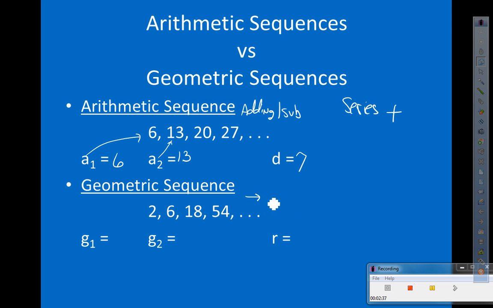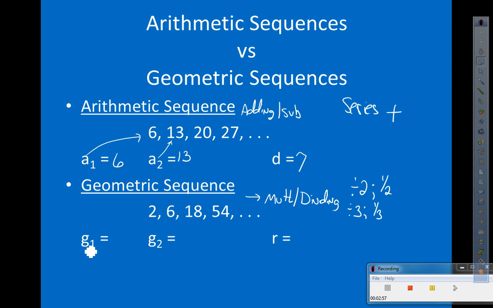It becomes geometric if we're multiplying or dividing. Now, I won't use the word dividing in here because when you divide by 2, that's the same thing as multiplying by 1/2. If you divide by 3, that's the same thing as multiplying by a third. Divide by 5 is times 1/5.